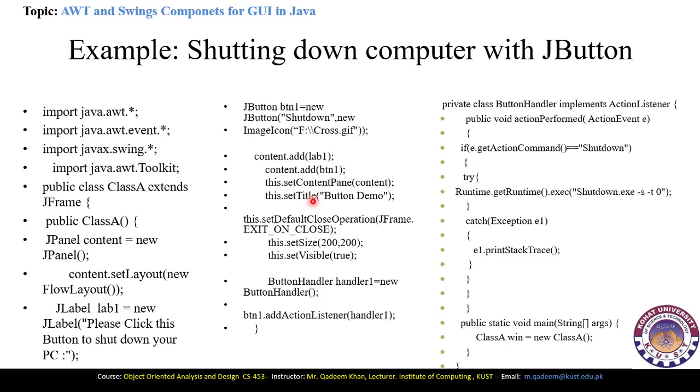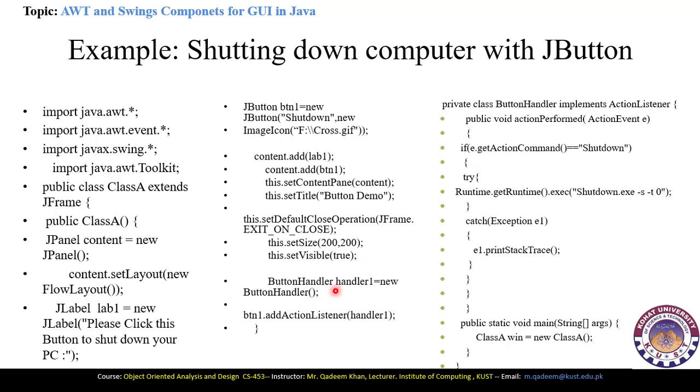Here the title is Button Demo. So this.setTitle defines the title, and this is the pointer object, which refers to the current class object, while the current class is class A. Next is setDefaultCloseOperation(JFrame.EXIT_ON_CLOSE). This is a function which will be called when the cross button is clicked, and it defines the size of the window and makes it visible.